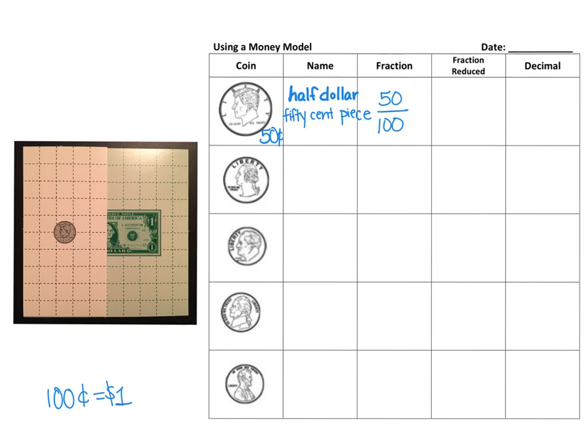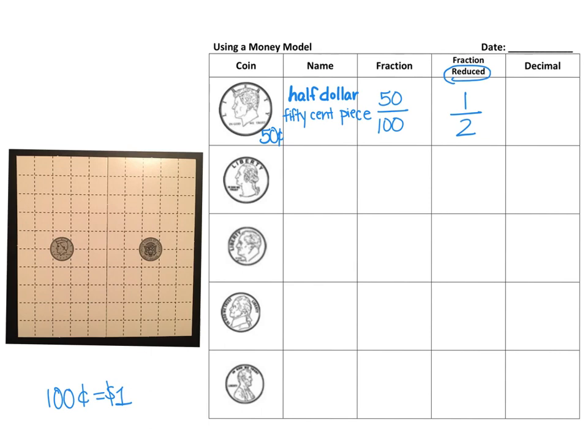So a reduced fraction, and reduced means that it's the smallest that it can be, would be 1/2, because exactly 2 of the 50-cent pieces would fill up the dollar mat. Here are my 2 50-cent pieces, which 100% cover the dollar mat.